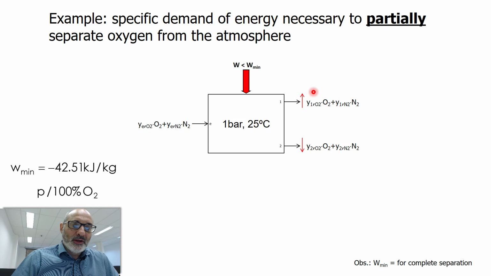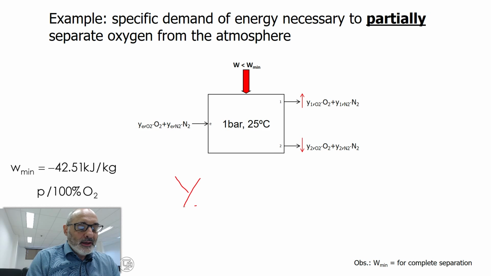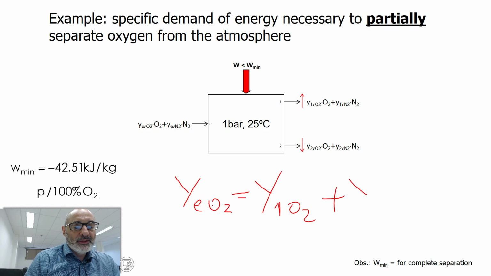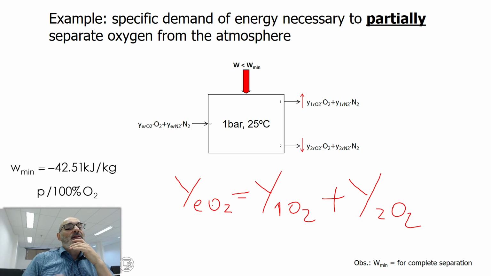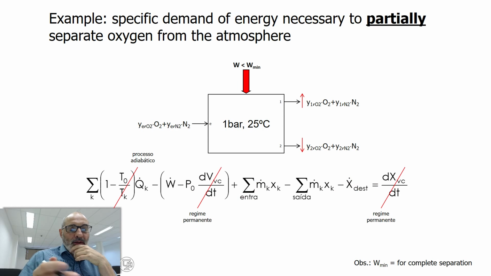Since we are increasing the concentration of O2 at 1, it will forcibly decrease at exit number 2, because when we apply a mass balance, Y at the entrance for O2 equals Y1 O2 plus Y2 O2. This is the mass balance. Okay, let's go on.